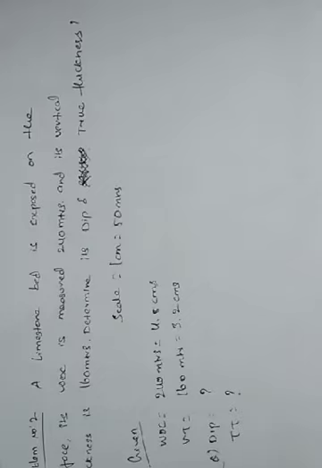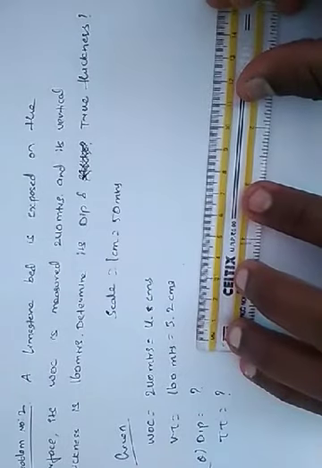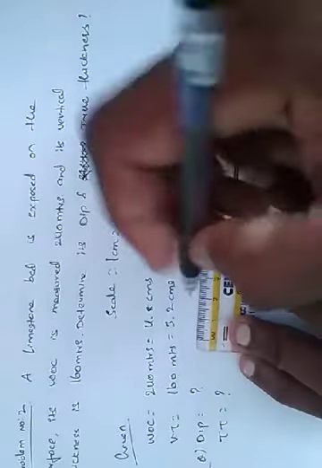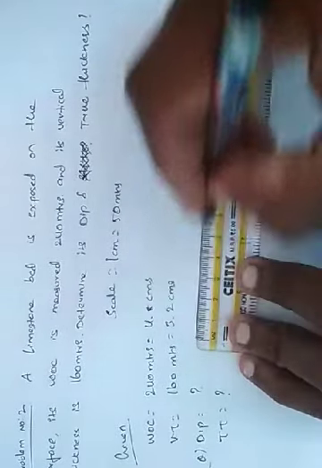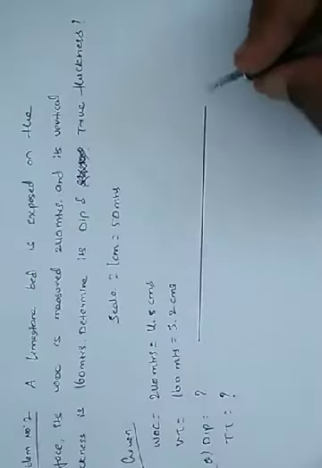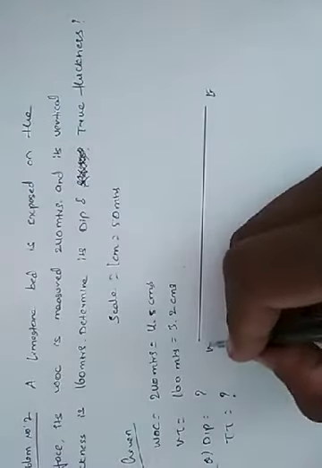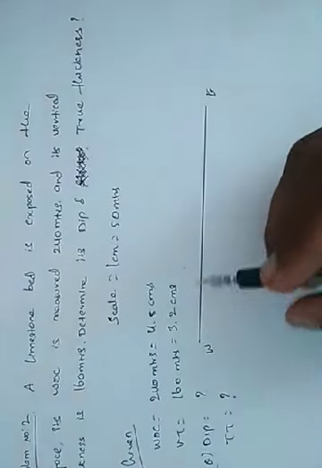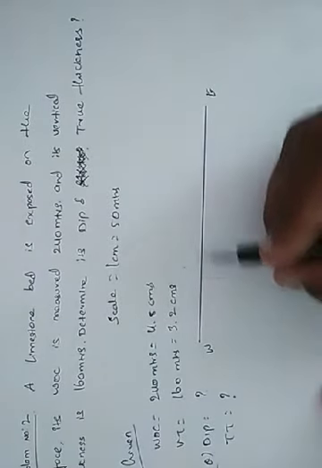Now let's solve in the geometrical method first. For that, I just draw a horizontal line and mark the directions. WOC is given. Let us mark the WOC on the surface line.